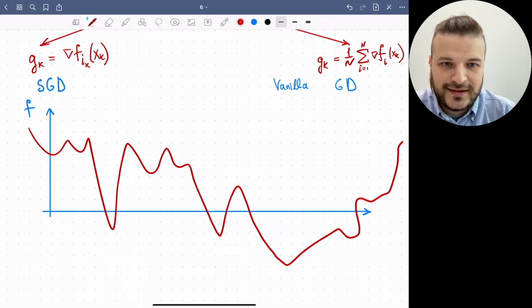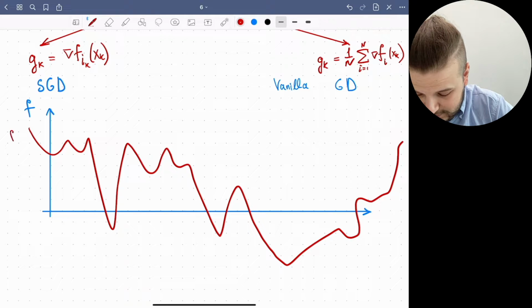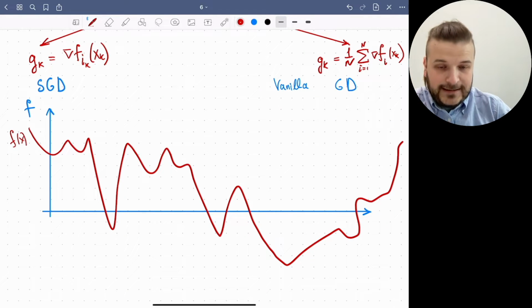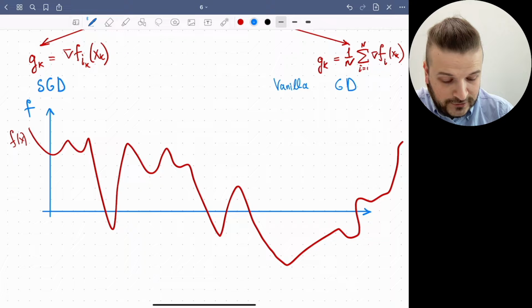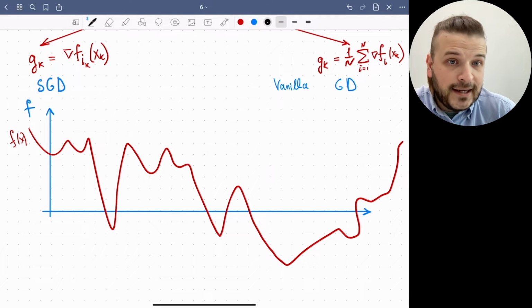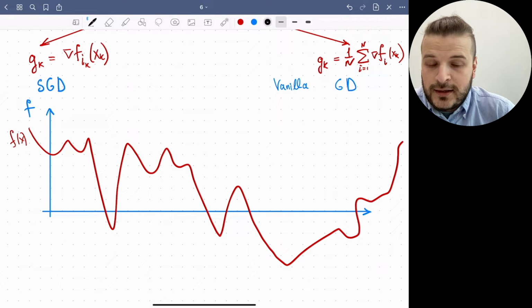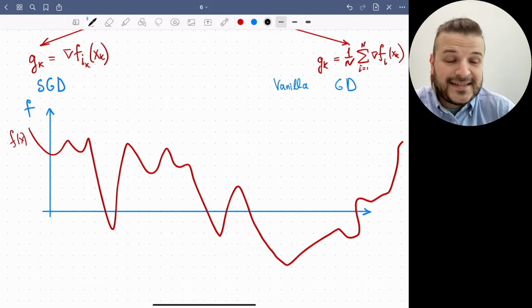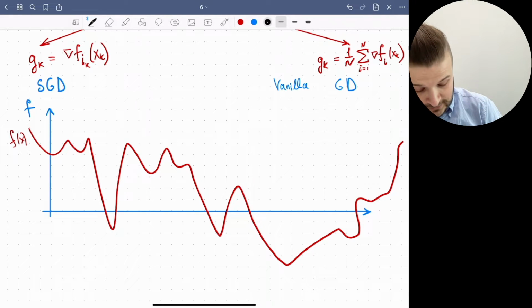That's a very bad function. And suppose that your gradient algorithm was started somewhere, let's say here.